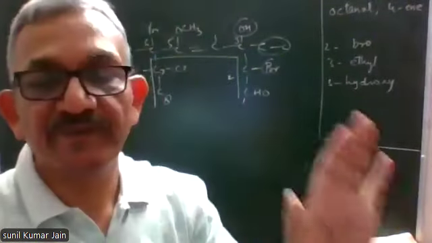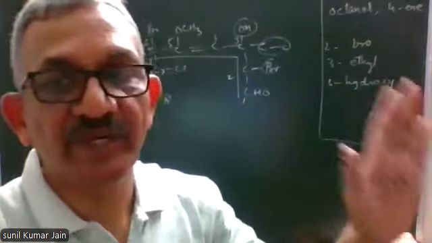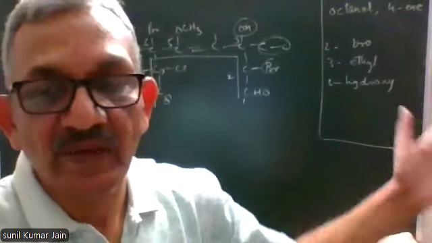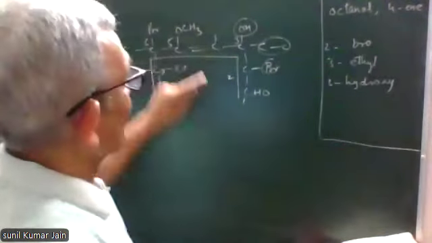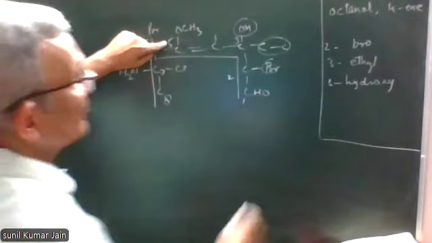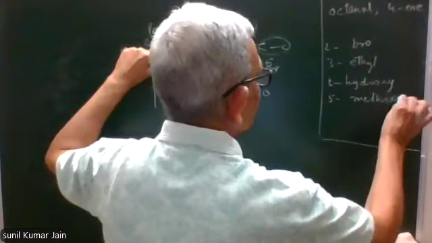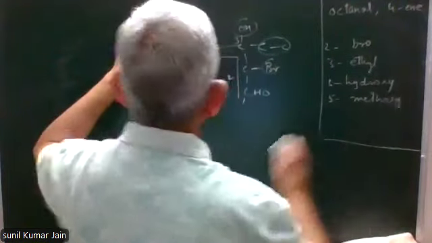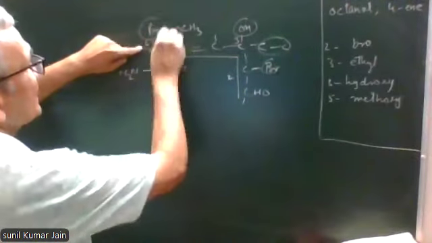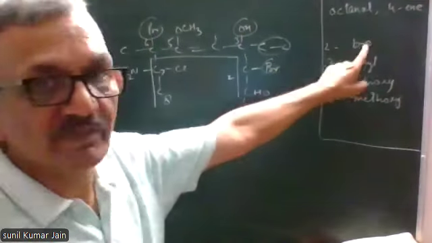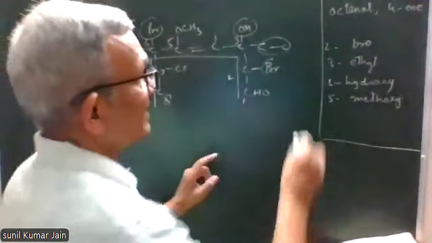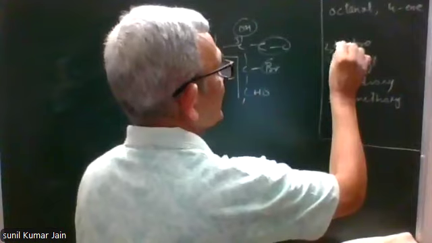We'll be using prefixes for all remaining substituents. Okay? For OH, we are using hydroxy. Then at carbon 5, methoxy. At carbon number 6, bromo. One bromo came earlier. Now I'll write 2,6.